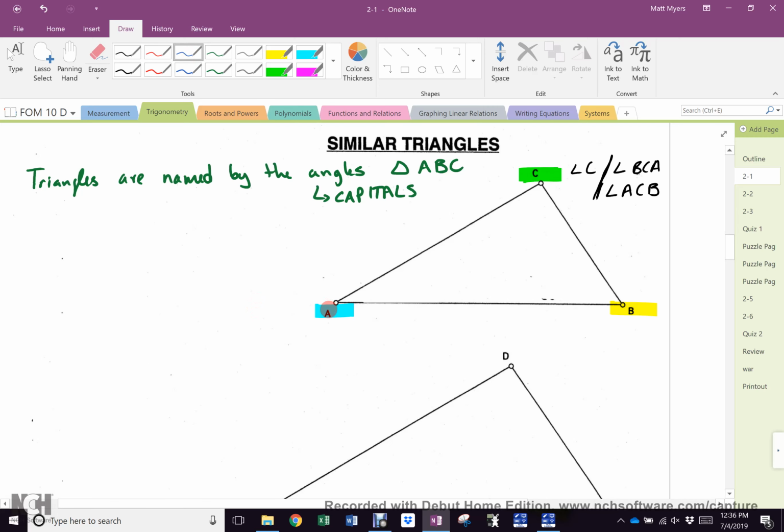So what is this guy? What are the three choices? Angle A, angle CAB, or angle BAC. Good. What about this angle?